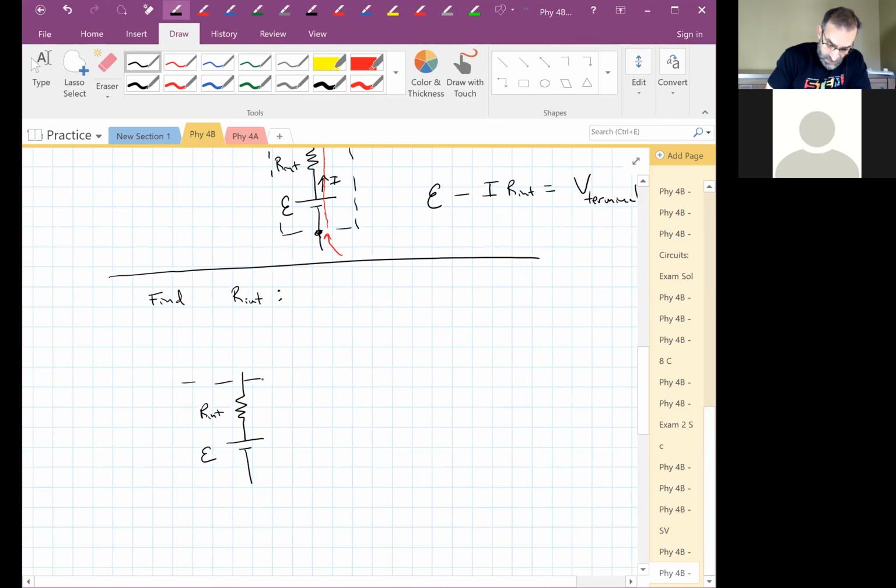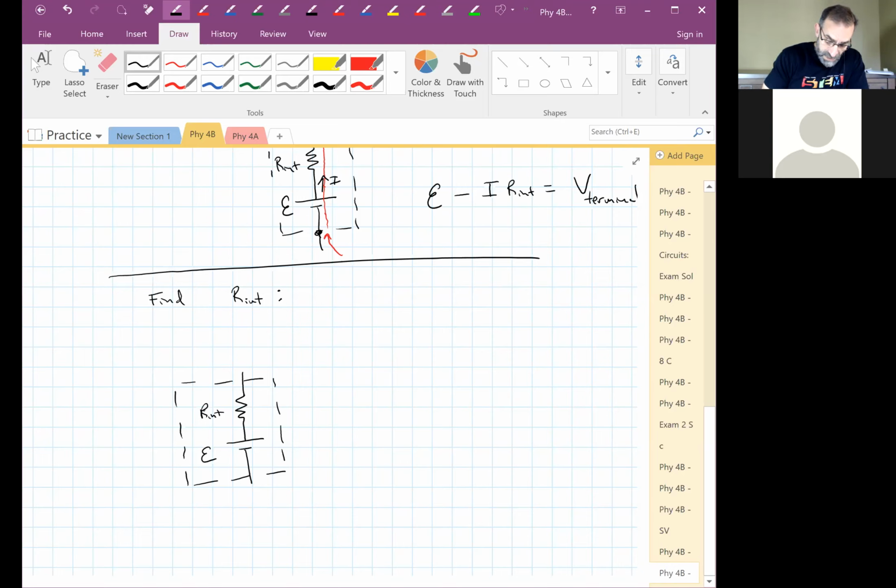So it's really like this, but I just draw it like an ideal battery with the resistor in series. I don't care that it's all inside of the battery or the power supply. I just draw it like a resistor and an ideal battery.